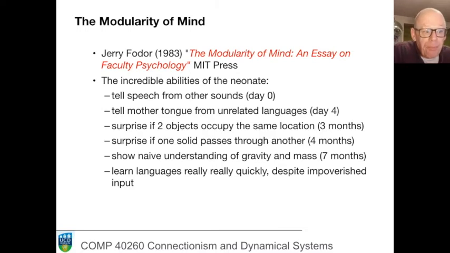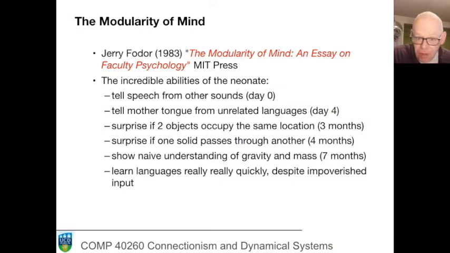By day 4, there's some evidence, it's controversial, but there's some evidence that the infant is sensitive to aspects of the ambient language in particular and can differentiate it from unrelated languages.